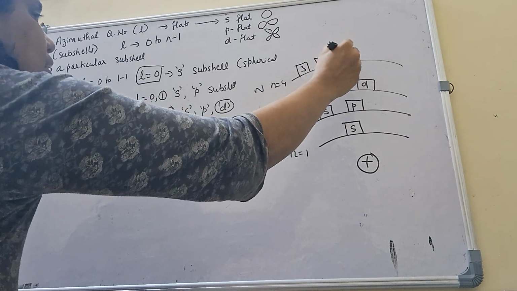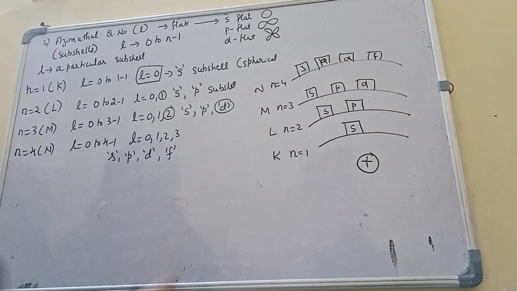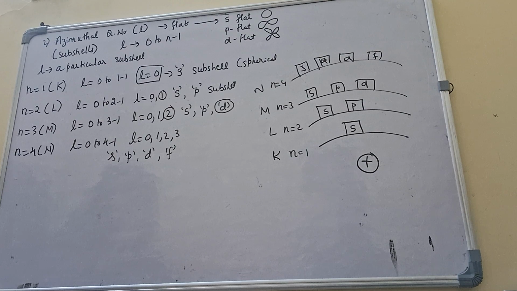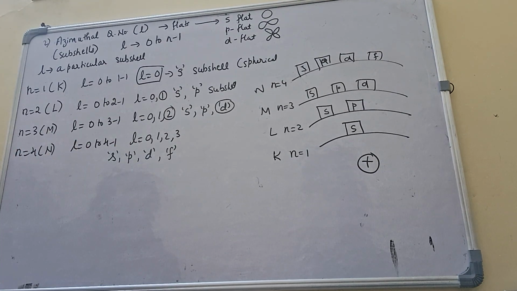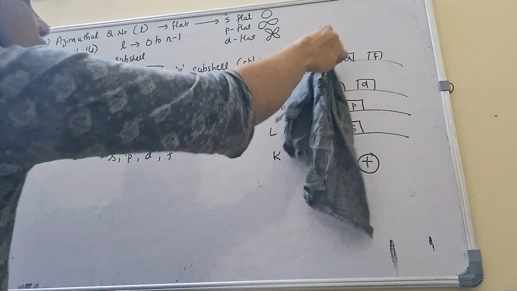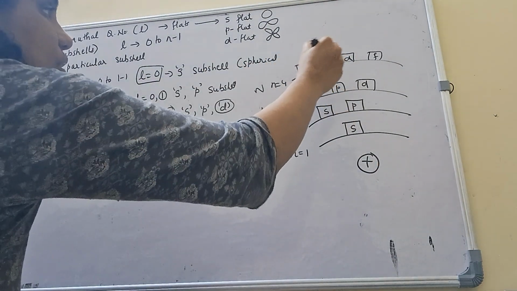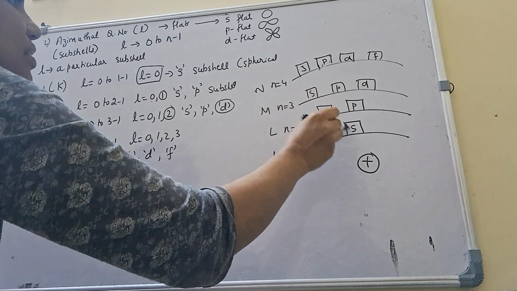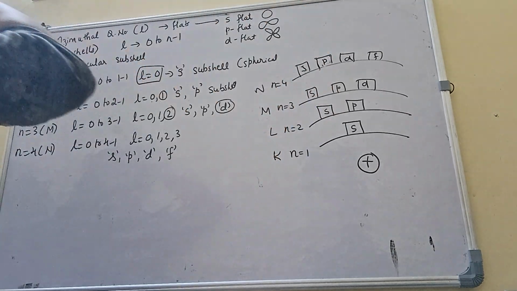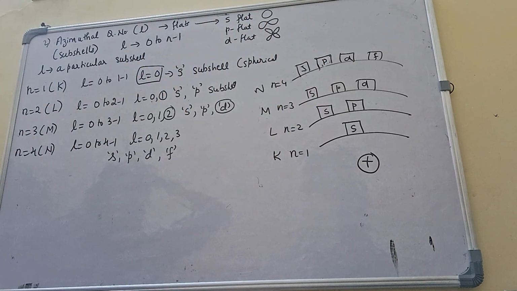S, P, D and F. And if you're talking about fifth shell onwards, you will only be dealing with these flats for now. Okay, so this is the picture I want you to imagine. If this picture is there in your mind, that it is S, SP, SPD and SPDF. And of course, we will talk about orbital also, but that's next level. At this stage, this is what you need to remember.